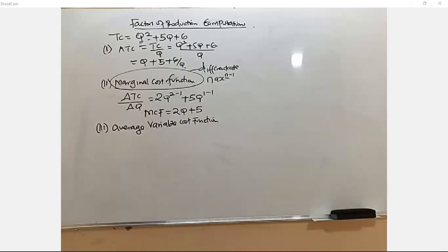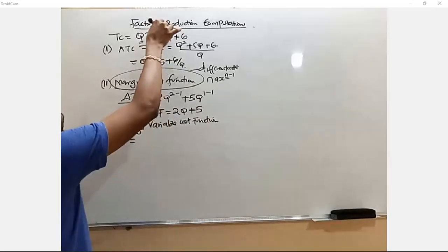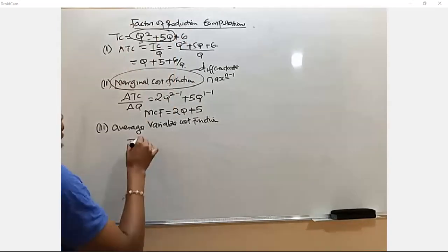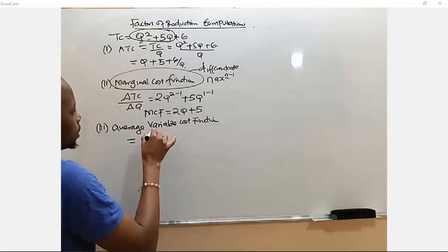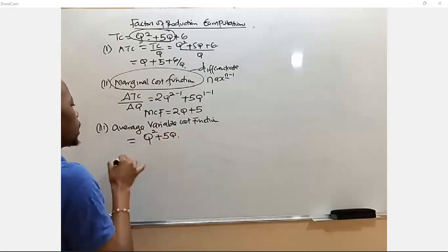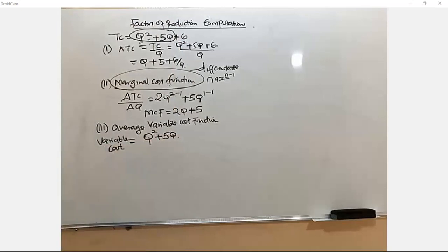We are going to be using that later, that is somewhere else. In this case, I have to identify my variable cost here. So I take Q squared plus 5Q, saying this is my variable cost.